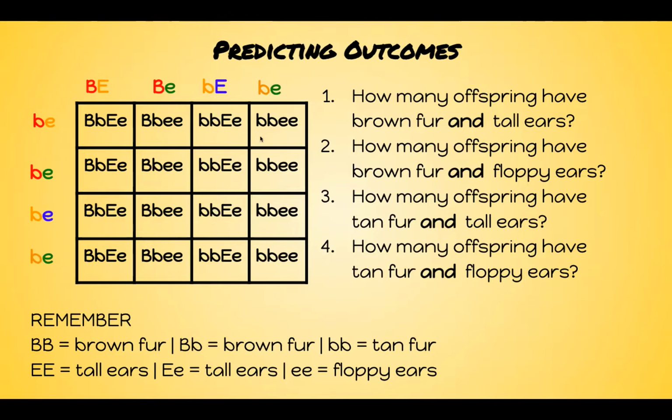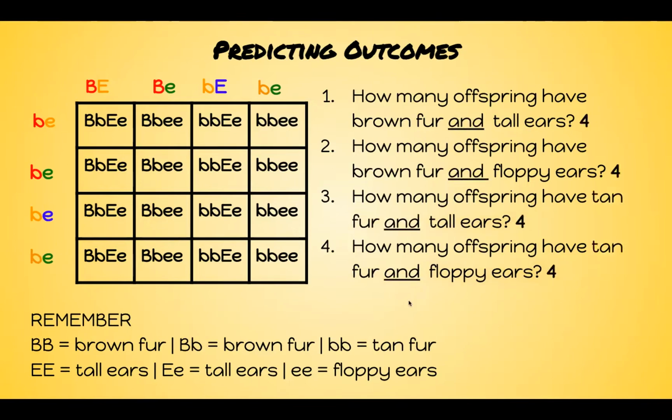If I look at the next one, it has tan fur, but floppy ears. So that's not what I was looking for. So I'm going to have 1, 2, 3, 4 with tan fur and tall ears. Then, as you may have guessed, noticing the pattern, how many offspring have tan fur and floppy ears? Well, sure enough, the recessive traits for tan fur and floppy ears are right here. So that is 1, 2, 3, 4. All right, so there's our answers.